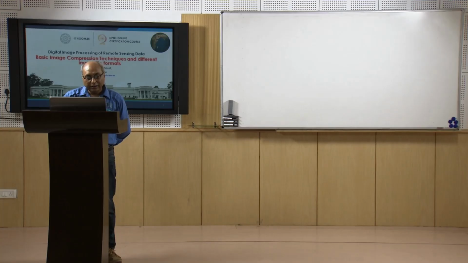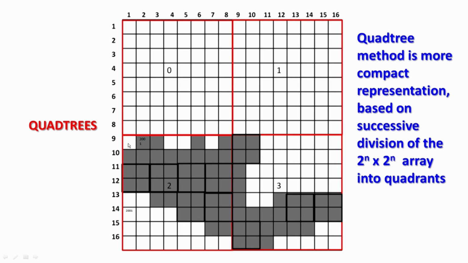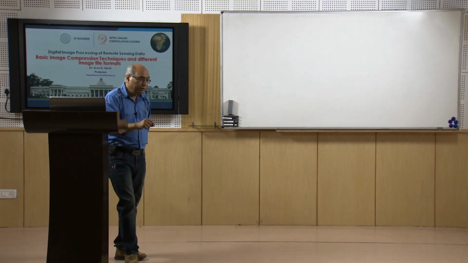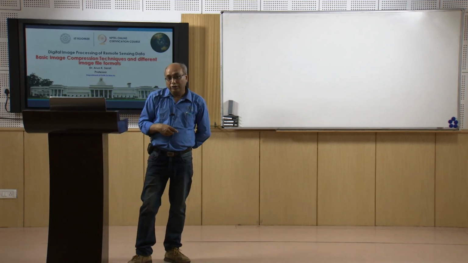Quadrant 2 0 0 still has heterogeneity, so 4 further divisions are required, and now we have reached the unit level. Therefore this quadrant has 2 0 0 1, whereas this quadrant would have the code 2 0 0 0. And likewise you keep making divisions in the form of quadrants till you reach the unit level.